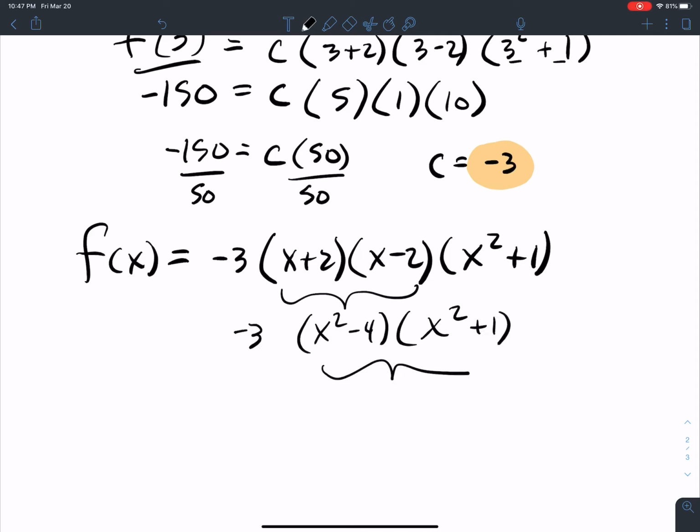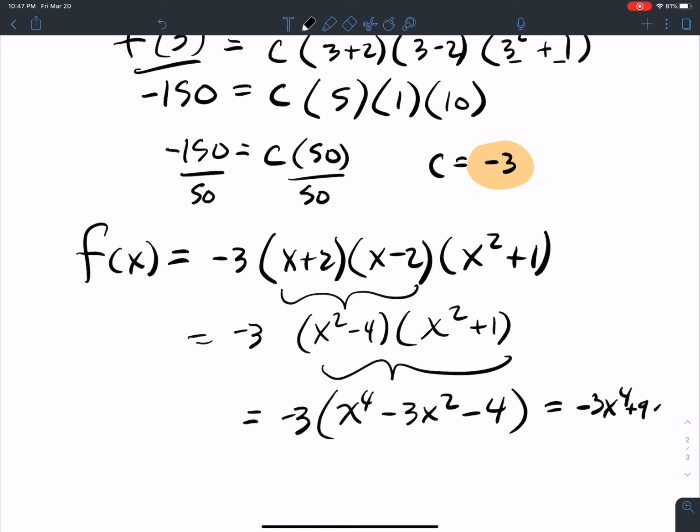If I multiply this out, I guess I'm going to get x to the 4th, minus 3x squared minus 4, and that'll multiply by negative 3, and that gets me negative 3x to the 4th plus 9x squared, and then plus 12.